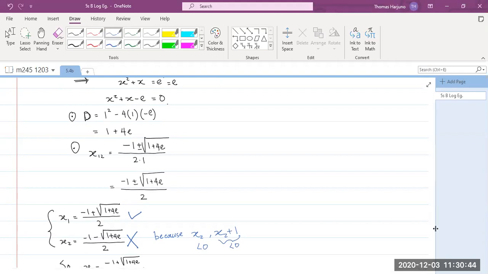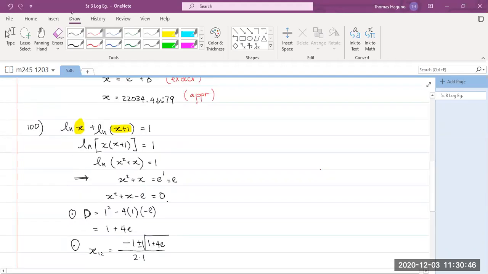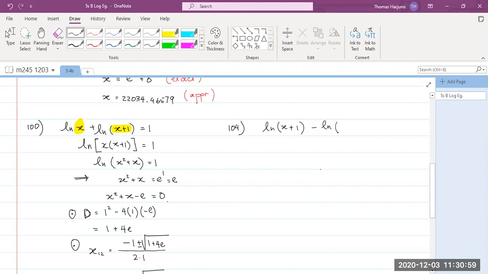Now, how about number 104? Number 104, we have natural log of x plus 1 over natural log of x minus 2 equals natural log of x.